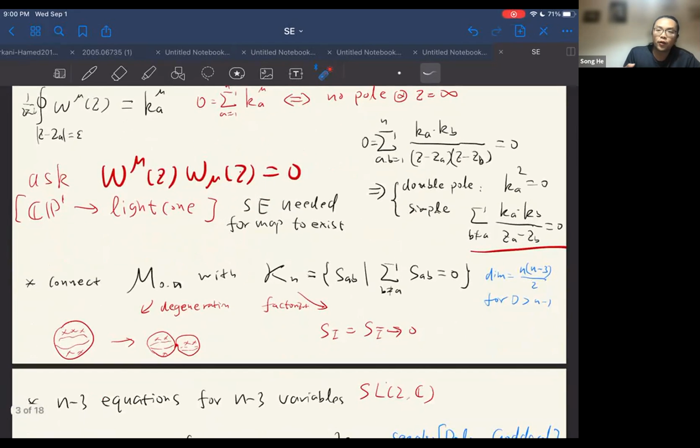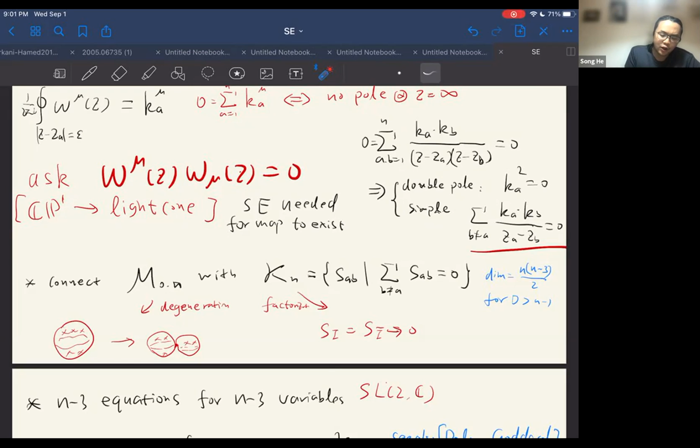This provides immediately a connection between the moduli space M_{0,n} and what I call the kinematic space of n massless momenta, which is spanned by these Mandelstam variables modulo momentum conservation. This connection is something we're familiar with even in string theory, but now in the context of these equations. The equations connect these two spaces.